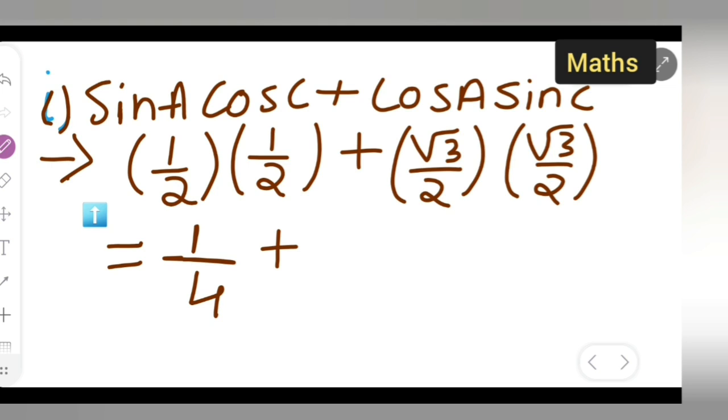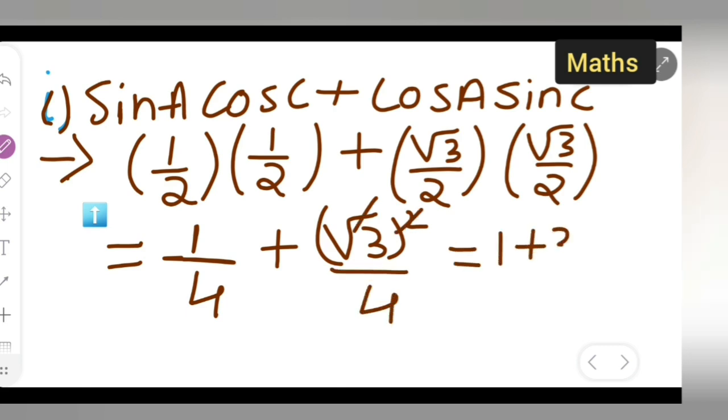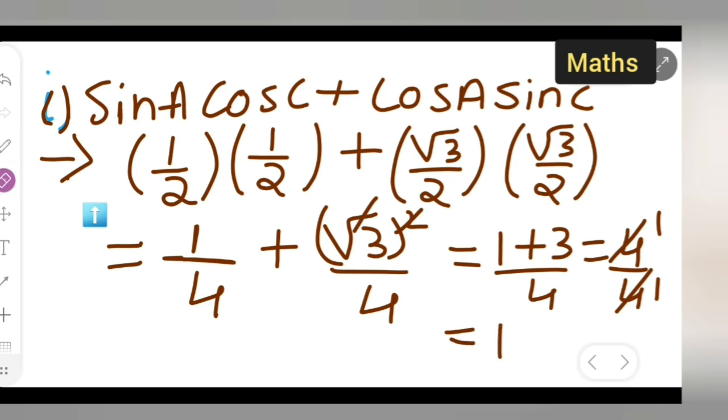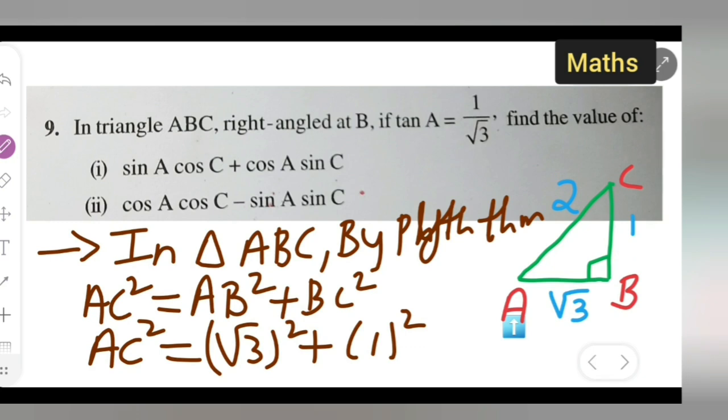Here we will get root 3 square upon 4. So this will get cancelled and we are left with 1 plus 3 upon 4. So it will be 4 upon 4. If I cancel, what will be my answer? 1. So let me write the answer here, 1. Okay. Next let us find out the second one.